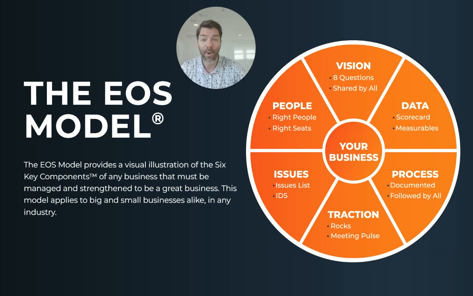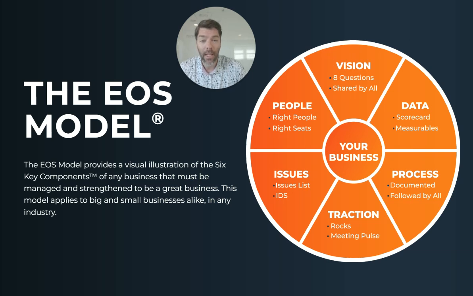The first key component is the vision component. If you're on a team, if you're a leader, if you're a manager, why is this important? The vision component is all about helping you get clear on 8 questions, building out a strategic plan, 2 pages. We refer to that as the VTO, the Vision Traction Organizer.